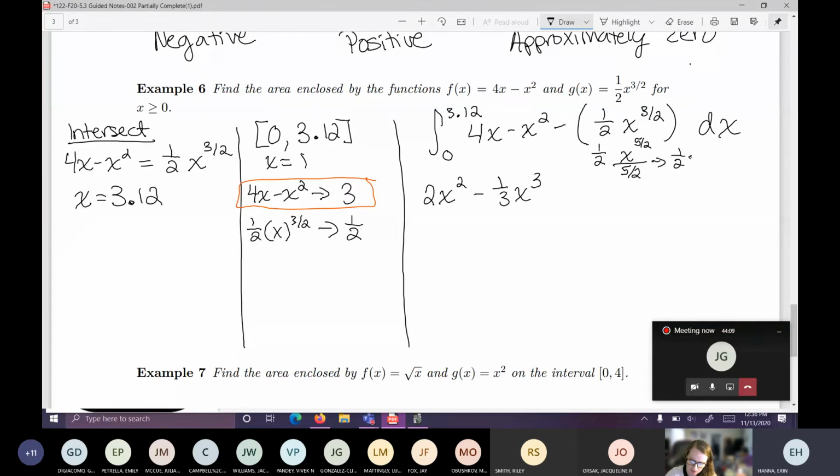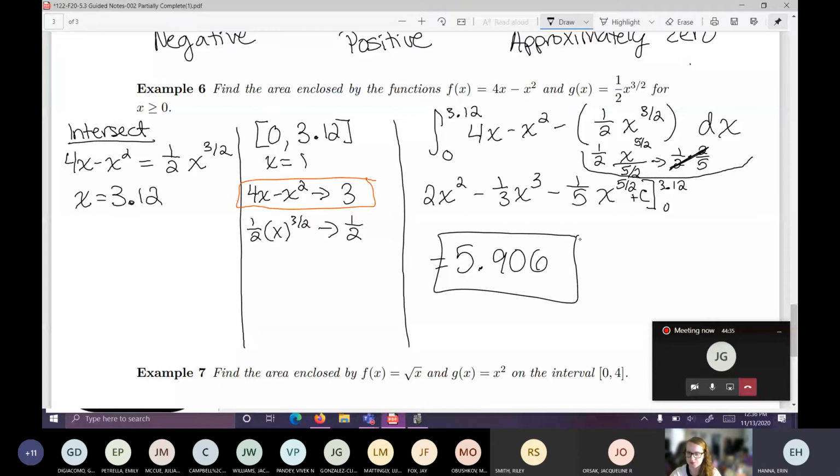That'll give me 1/2 times 2/5, so those are going to cancel each other out. So we'll get 1/5 x to the 5 halves plus e from 0 to 3.12. Then you'd plug in 3.12 and subtract what you get when you plug in 0. If you punch this into your calculator as well, either way you should get approximately 5.906.